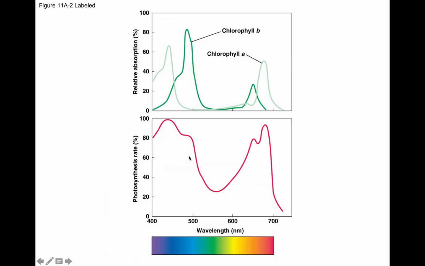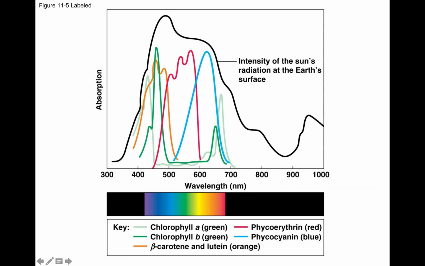But they do overlap with the action spectrum shown here for photosynthesis. This black line here is the sum of all the light that is reaching the surface of the planet, and the photopigments that plants are expressing in order to capture that light overlap so that they are capturing most of the big peak of light that is coming from the sun.